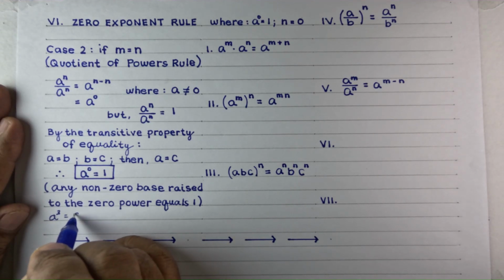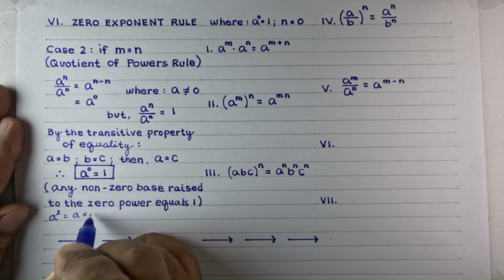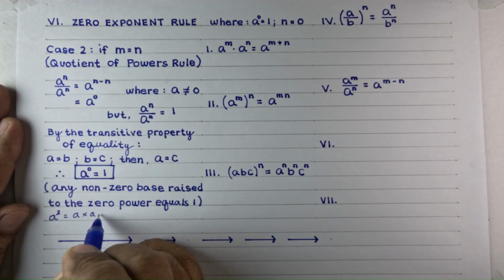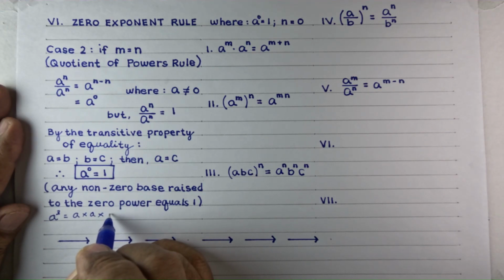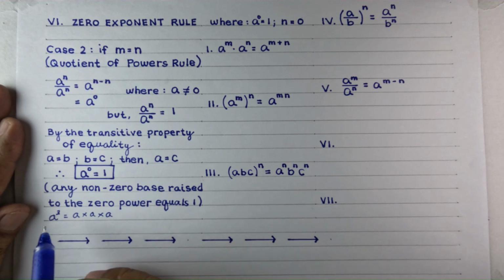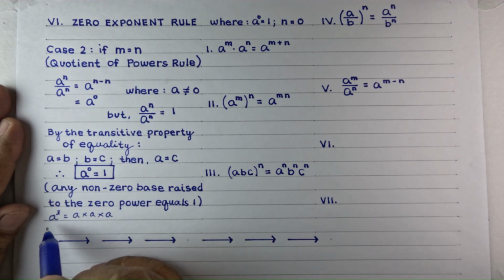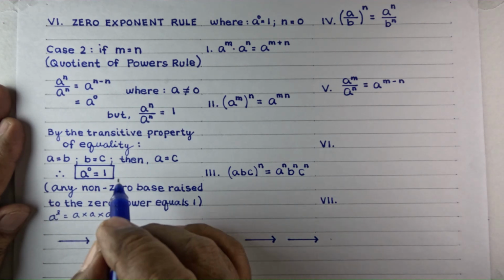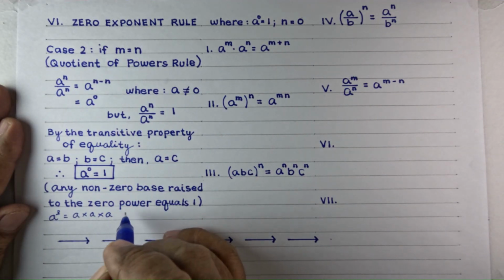So that's equal to a times a times a. Then they divided the power a cubed by its base a using the quotient of powers rule.